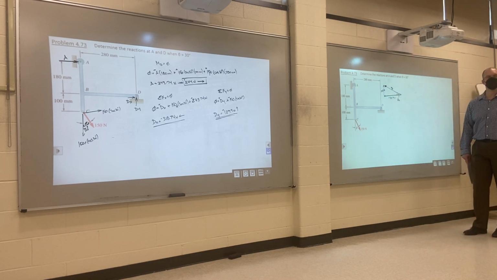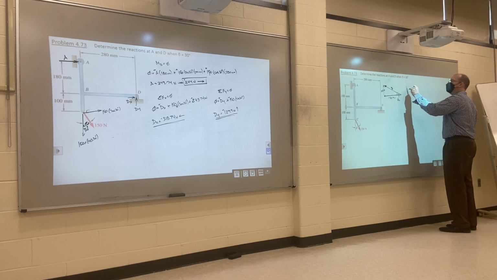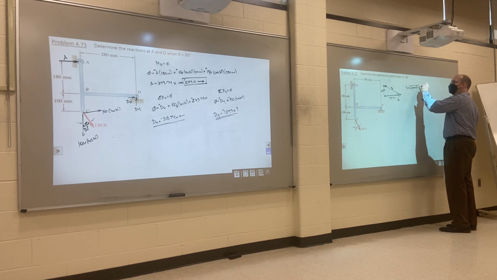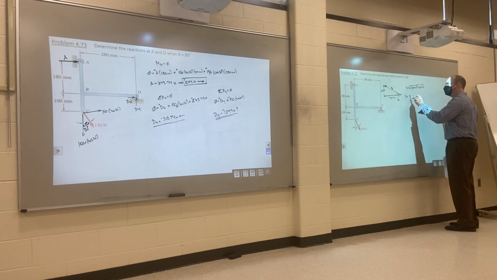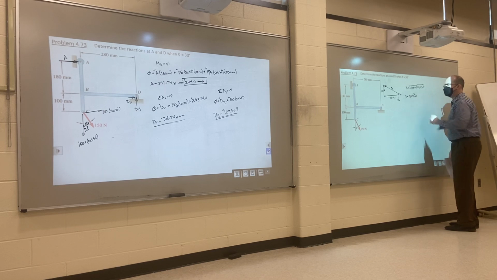Pythagorean theorem, D is equal to the square root of the sum of the squares of its components. Negative 318.74 newtons squared plus 129.9 newtons squared. And D winds up being equal to 344 newtons when I put in 3 significant digits. At a line of action in sense that looks like that, right?